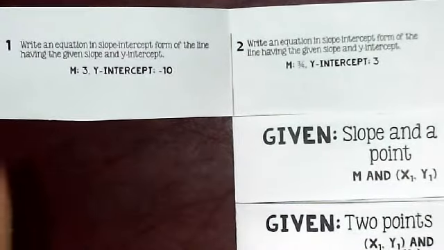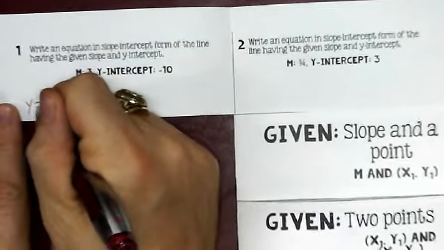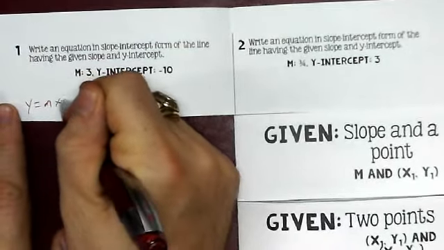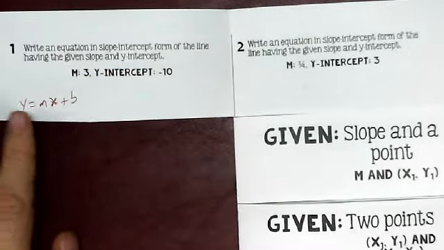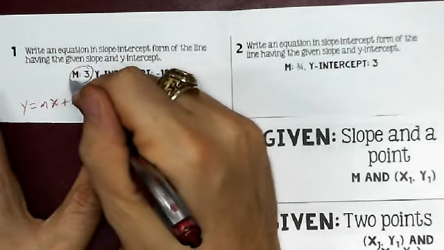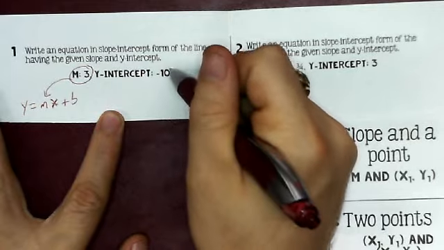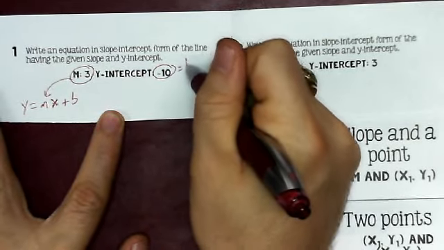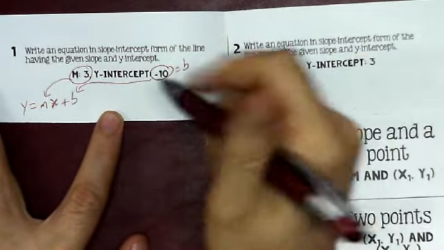Alright, so they give us m and they give us b. We're going to use the form of the equation y equals mx plus b. Well, if m is 3, that goes in there for m. And my y-intercept, that's my b term, goes in there.